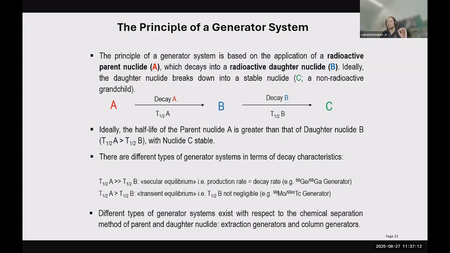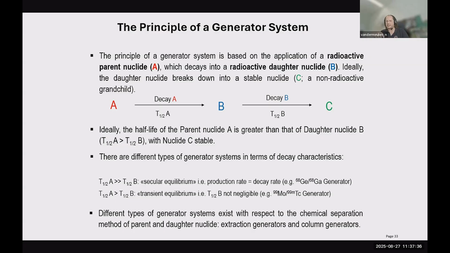So you irradiate a gallium target with protons to produce germanium-68. The germanium-68 will then be loaded onto a substrate where it can stay, and it will decay through to its daughter nuclide. The daughter nuclide generally has a much shorter half-life than the parent nuclide.